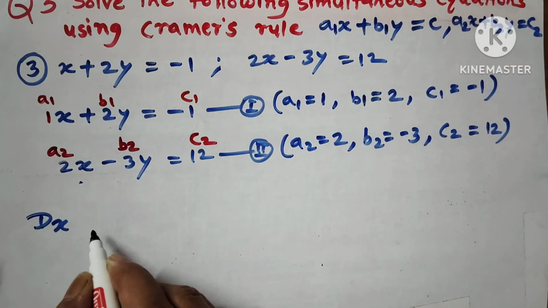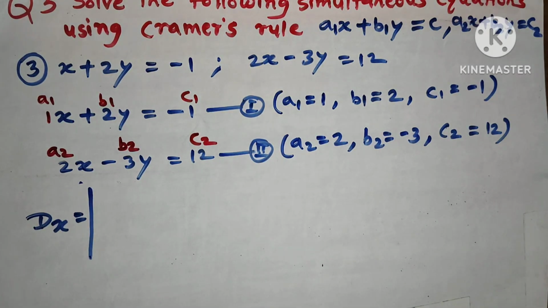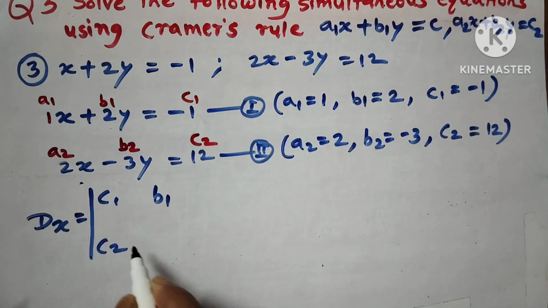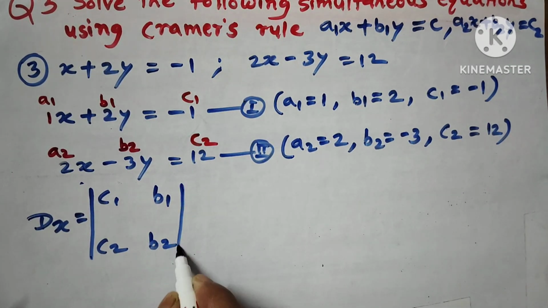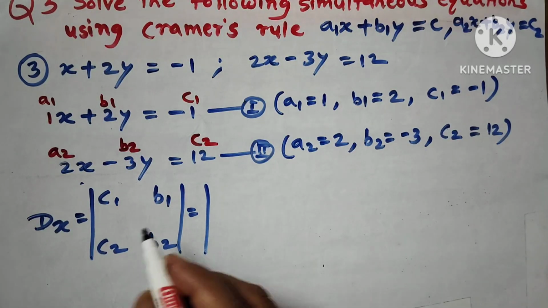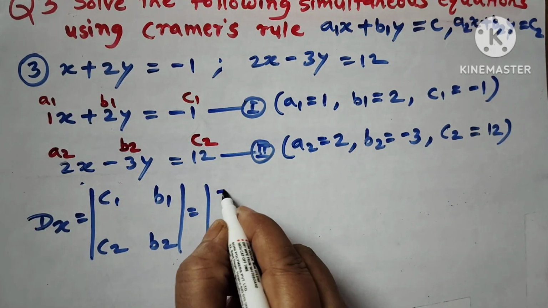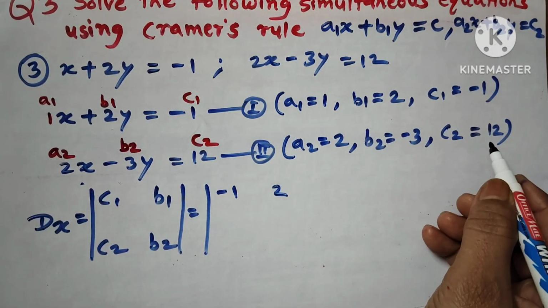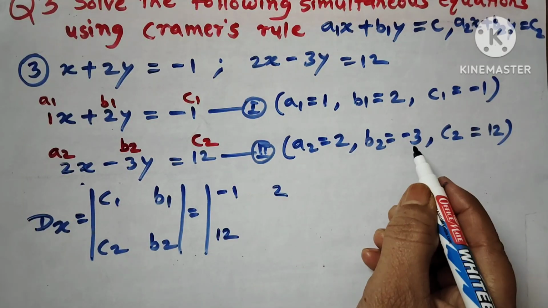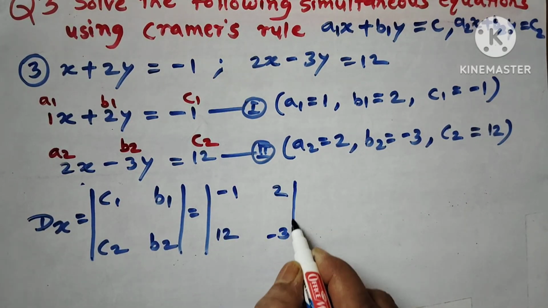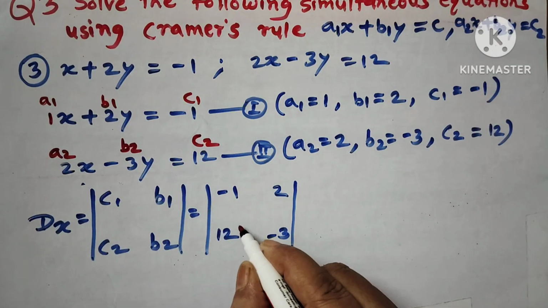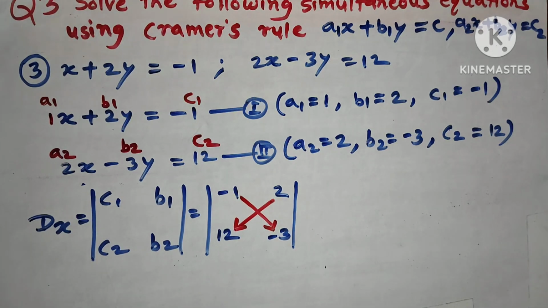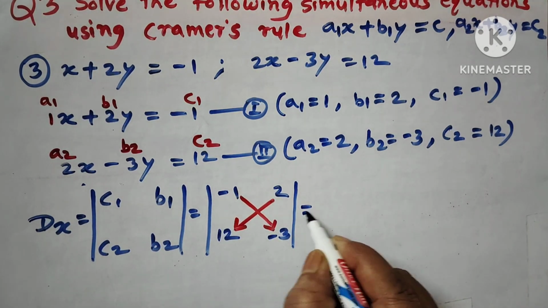Value of Dx is equal to the determinant of c1, b1, c2, b2. Here c1 is -1, b1 is 2, c2 is 12, b2 is -3.